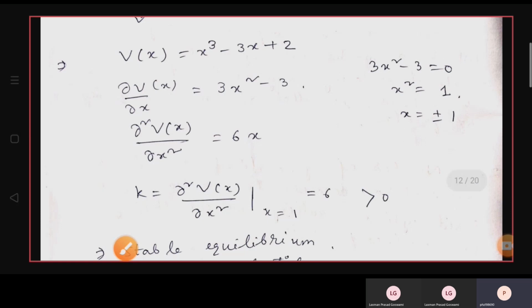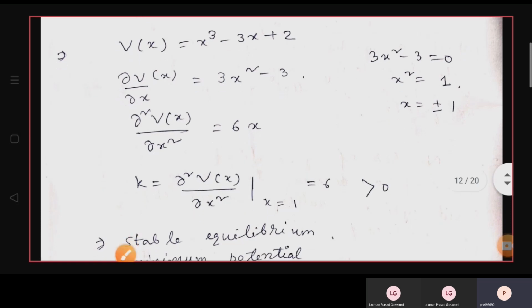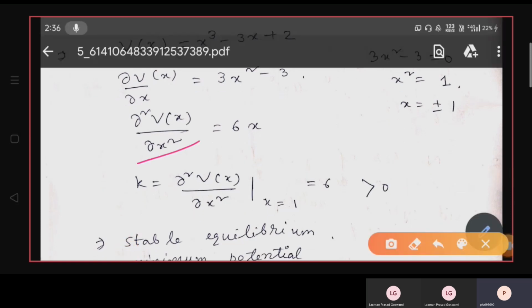To get the minimum of the potential, d2V/dx2, the second order derivative of the potential, should be greater than 0. And to get the maximum of the potential, d2V/dx2 should be less than 0. Here at the point x equals 1, d2V/dx2 equals 6, and that is greater than 0.